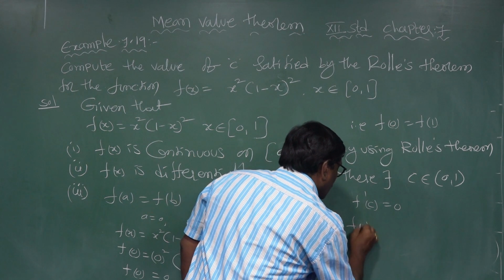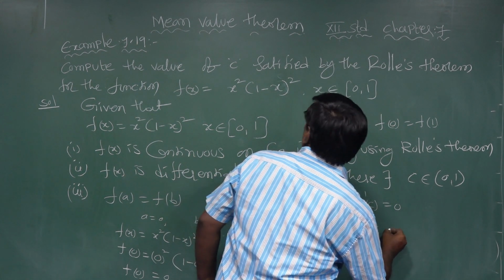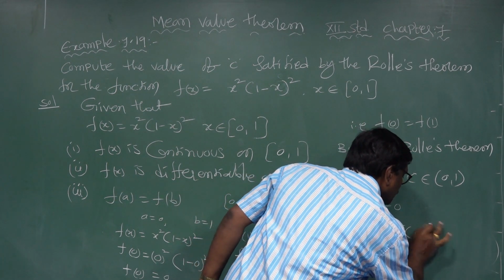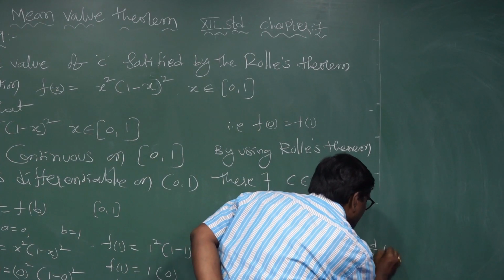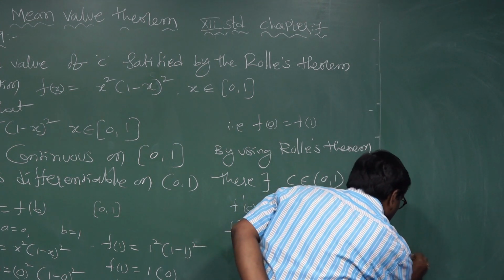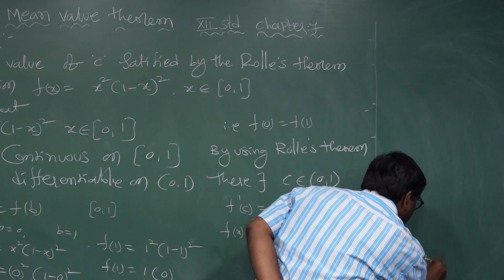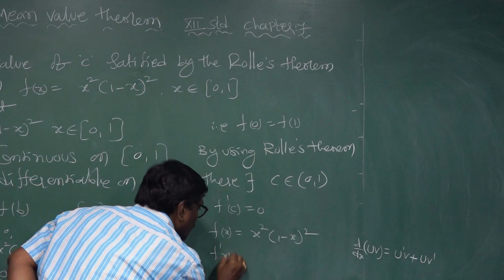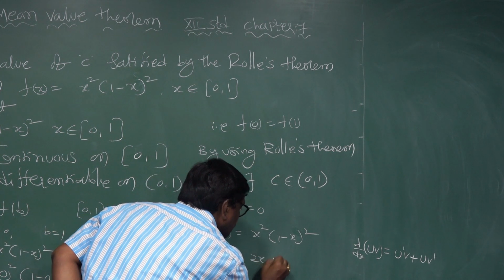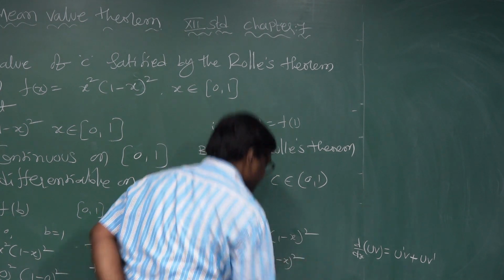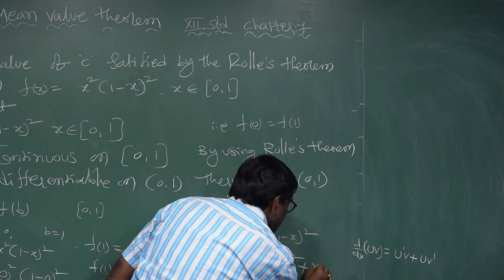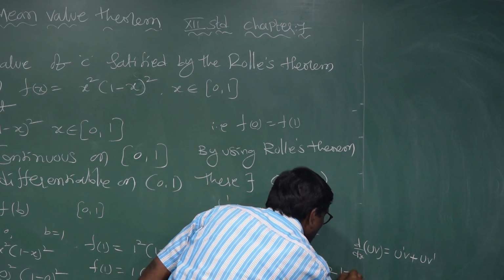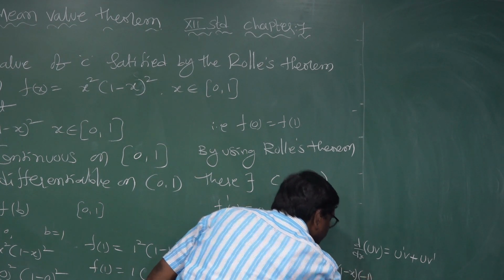f of x equals x square into 1 minus x whole square. Using the uv formula, u dash v plus u v dash: f dash x equals 2x into 1 minus x whole square plus x square into 2 into 1 minus x into minus 1.